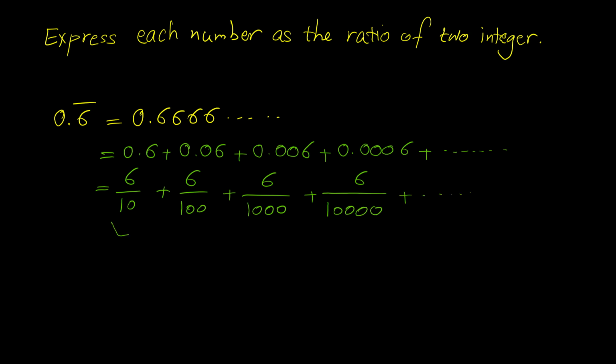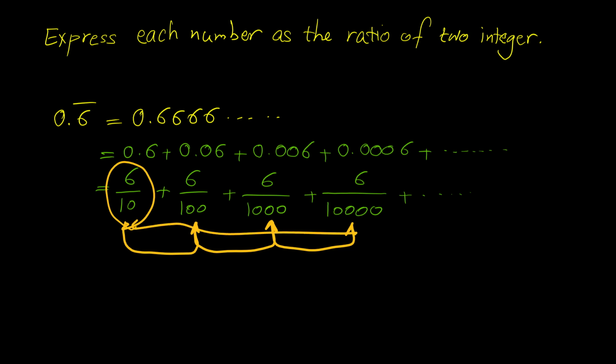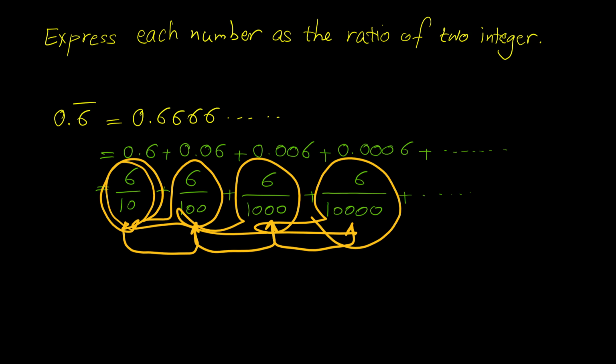Now if we look at these terms, they seem to be a geometric series because we have a first term that is multiplied by a fixed ratio and we have the next terms. What is the ratio of this geometric series? What number is multiplied by 6 over 10 that then we have 6 over 100?